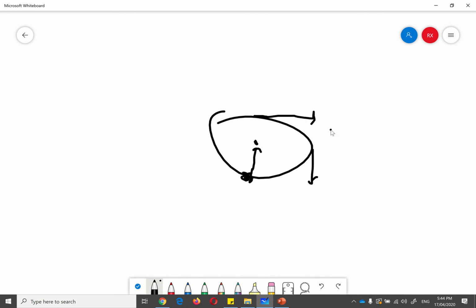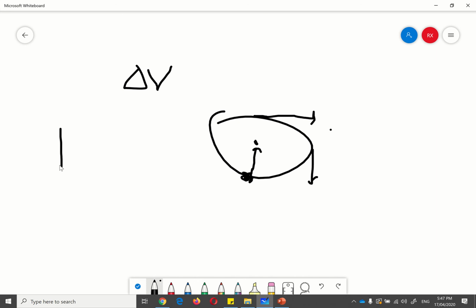And what we want to figure out is the change in velocity. This here is the final velocity, and that there is the initial velocity. What we want to find out is the change in velocity. Pretty simple. You have this triangle. Change in velocity is final minus initial.